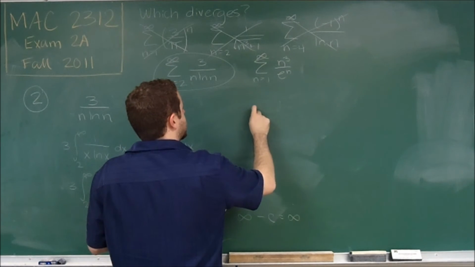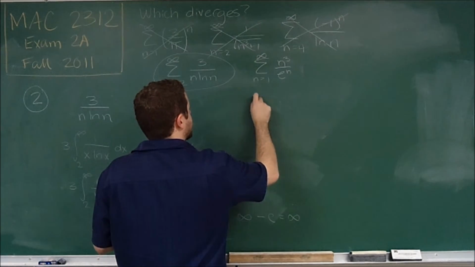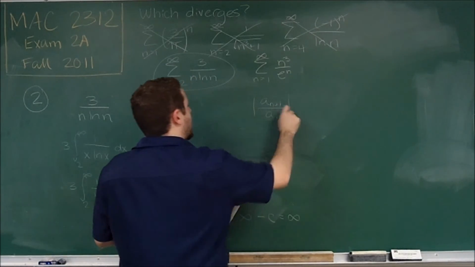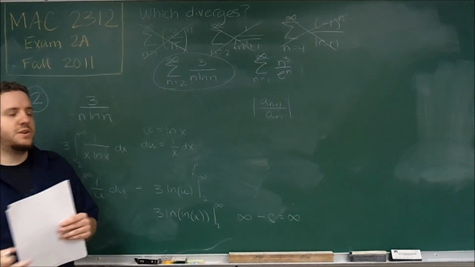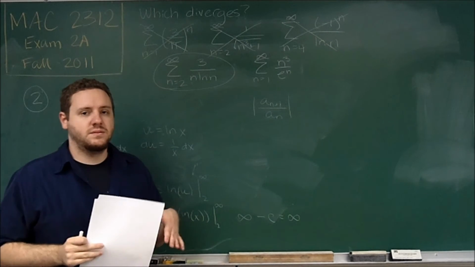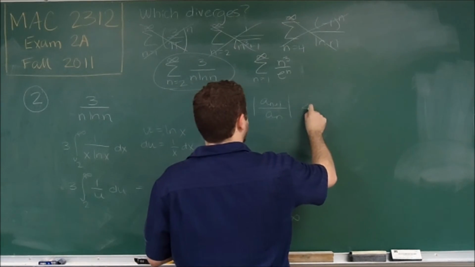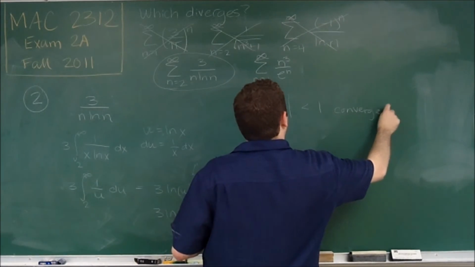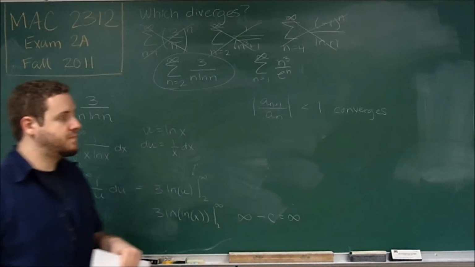So if we do the ratio test, remember that the ratio test says we need the absolute value of the ratio of the n plus 1th term to the nth term to be less than 1. And then this converges.